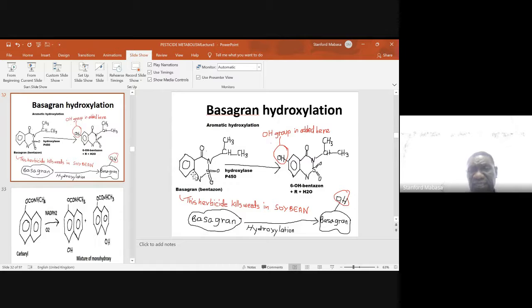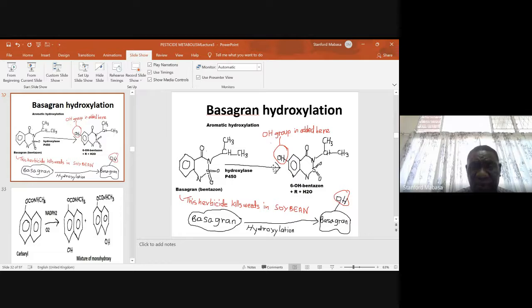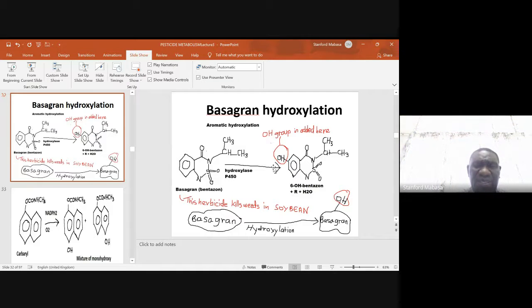So on the benzene ring, we have got an insertion of the OH group during hydroxylation under the influence of cytochrome P450. Now, if we spray Basagran to soybean, soybean can change Basagran by adding an OH to the molecule. And this is how Basagran becomes detoxified via the process of hydroxylation.